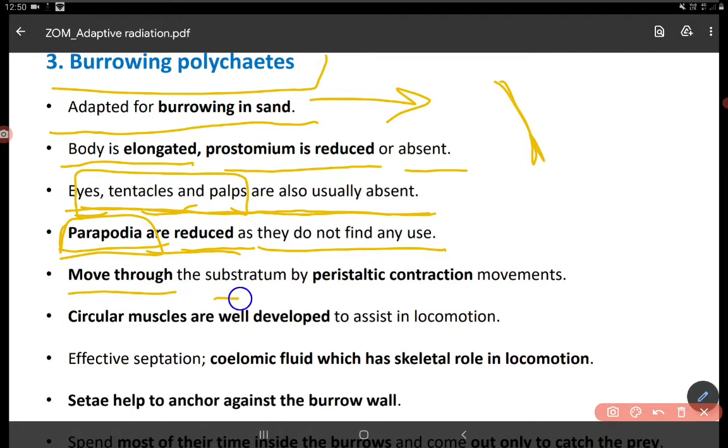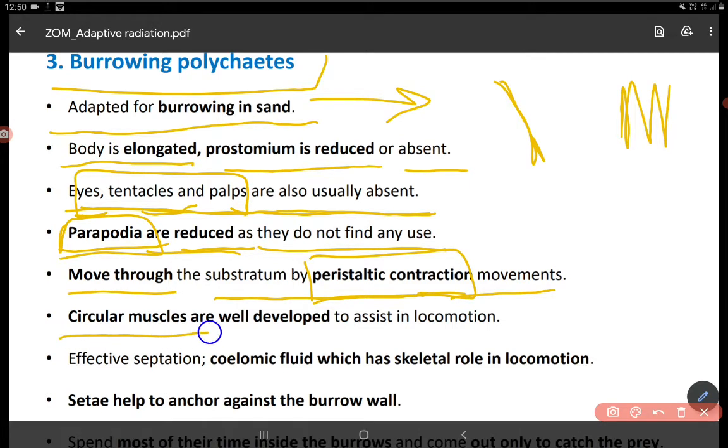Now, they move through the substratum by peristaltic contraction. Peristaltic contraction is the wavy movement by which we gulp down food, along the esophagus. They move through the substratum like that, and circular muscles are well developed to assist in locomotion.